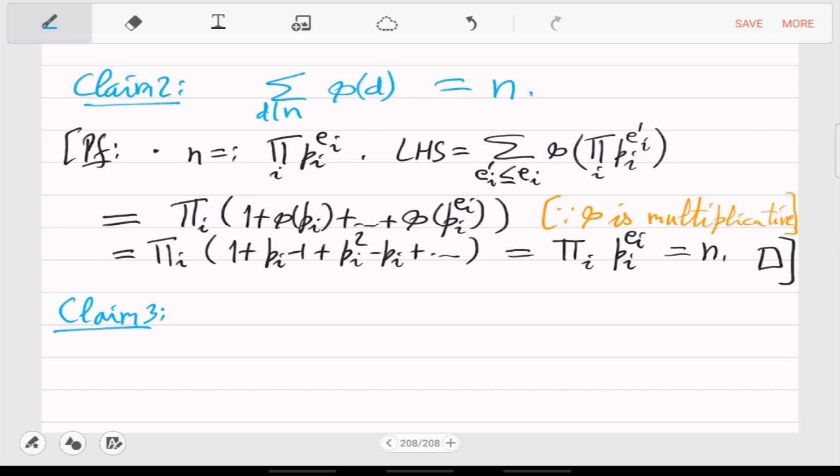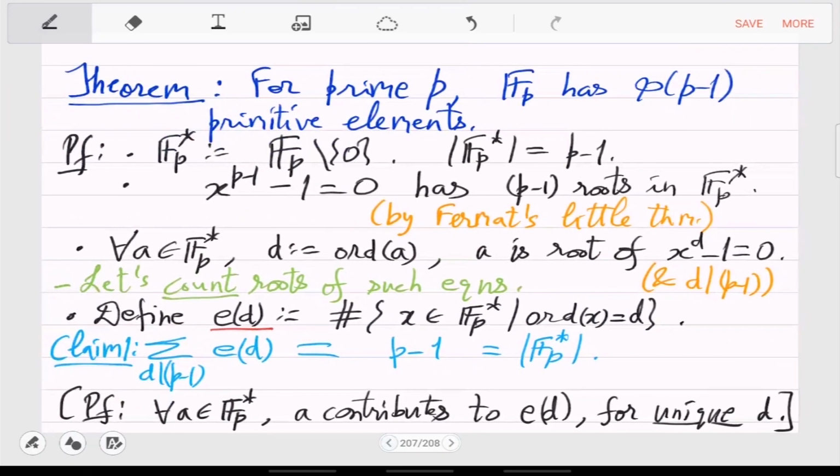Claim 3 is that for all the d's, E_d is less than or equal to phi d. Let's prove this. So recall, E_d was the number of elements with order d.